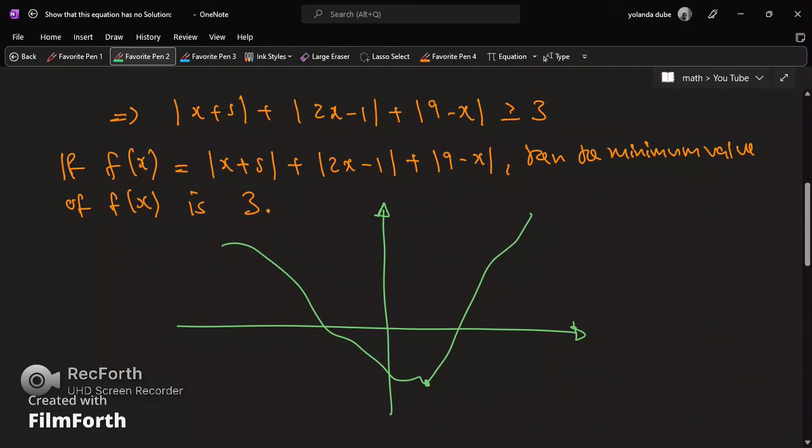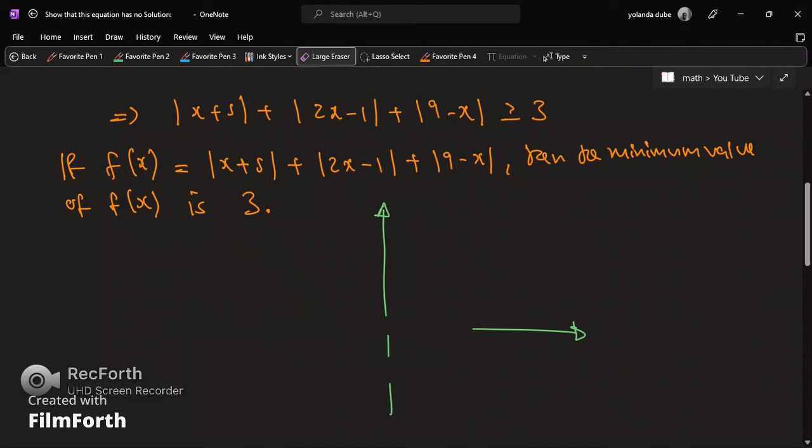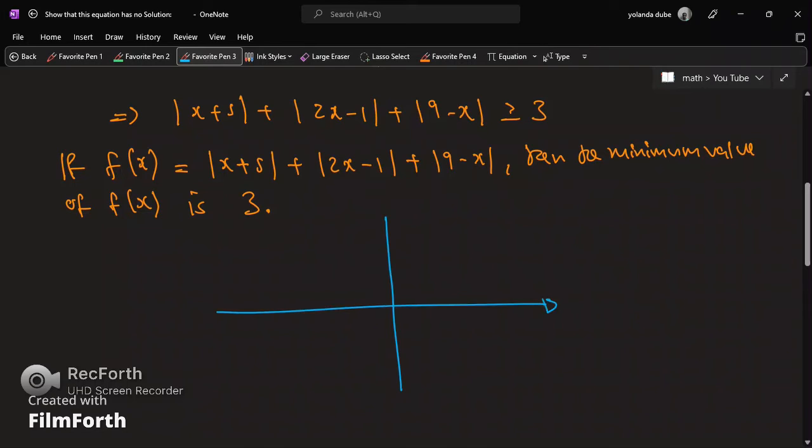This sketch is not appropriate because it's actually curving on the negative side, so let's draw something more appropriate. Whatever the function is, it is going to reach its minimum point at 3. So if you sketch the line y equals 1, there is no way this line can intersect that, you see.